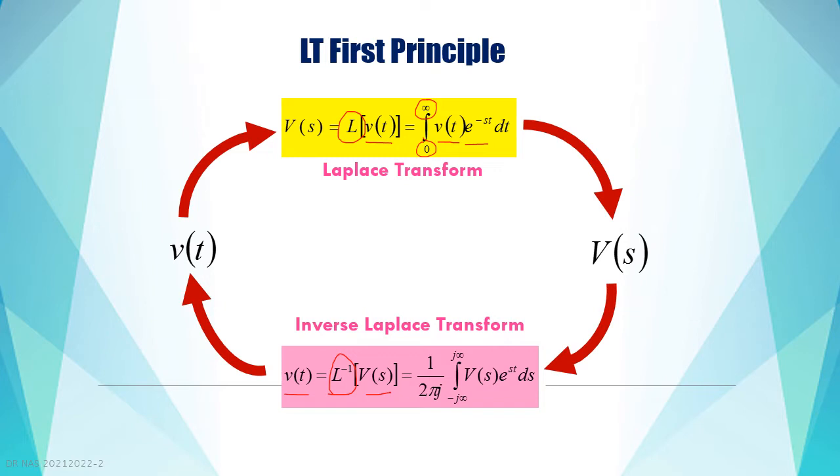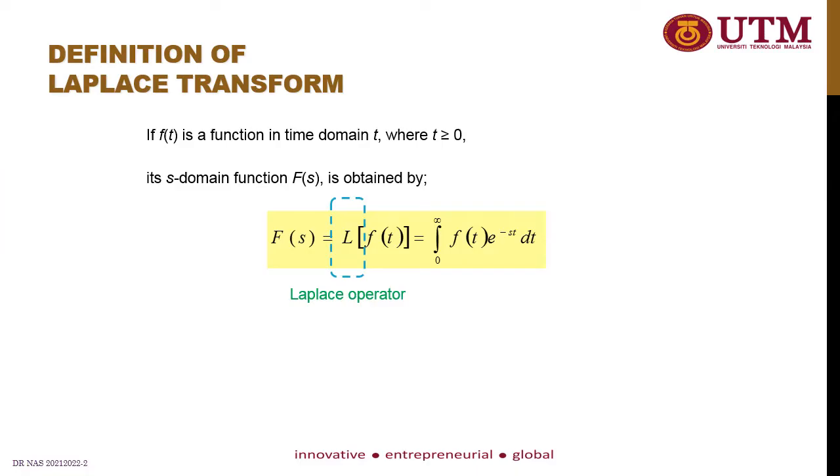So this is the first principle of Laplace transform, meaning that you have to perform the integration both in the first place to convert the T domain into S domain, and finally when you want to reconvert the S domain back into T domain.